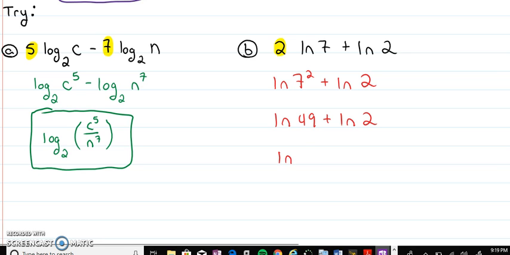So that is the natural log of 49 times 2. And we can actually figure out what that would be mathematically using our handy-dandy calculating device, and your answer should be the natural log of 98.